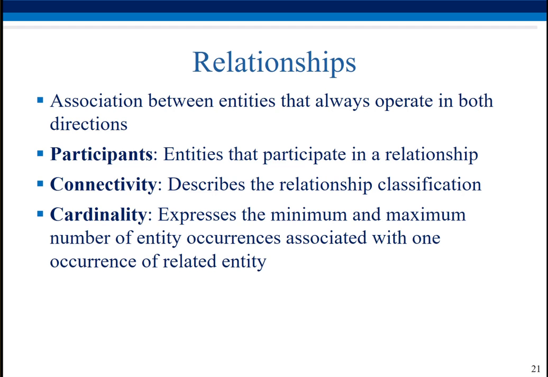Relationships, very simple. It's just two instances of entities, or two entities themselves, that have bidirectional relationships, such as a customer table and an order table. Again, entities are the participants that participate in it. Connectivity describes the relationships, whether it's unary, binary, ternary.